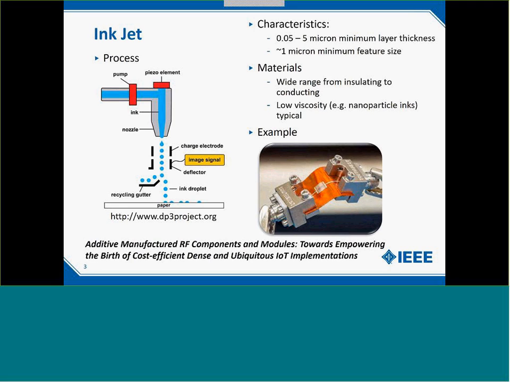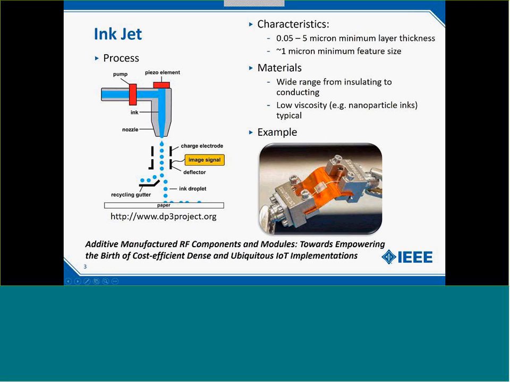Of course, you're also able to inkjet insulating materials, and those tend to be UV curable materials that have thicker layers on the order of about 5 microns. A nice example of the flexibility of inkjetting is shown in the figure.